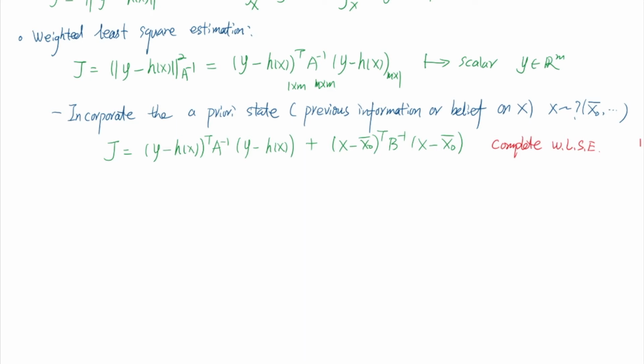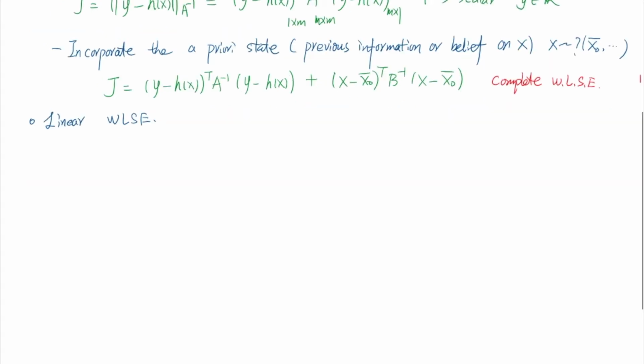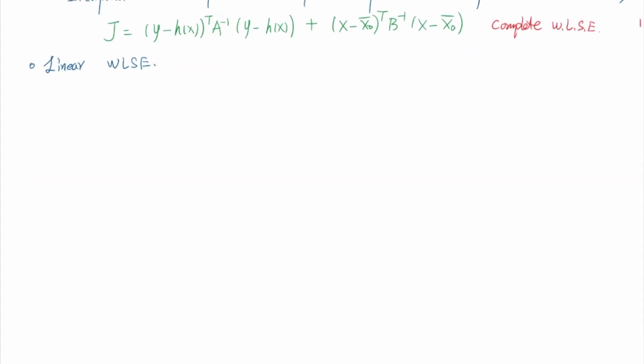Next, we want to obtain the optimal solution, which is the topic of this video, that is the optimal solution for the linear weighted least square estimator. First of all, let's recall what our system is.